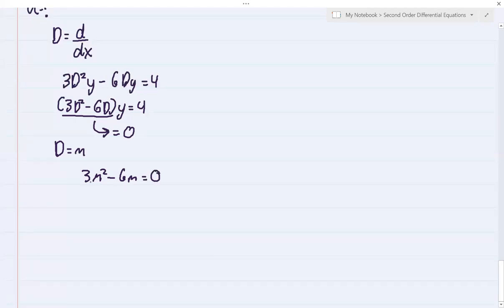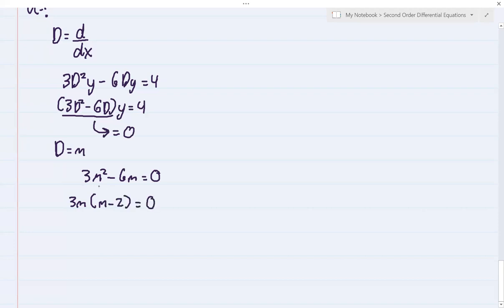So now, let's get your values of your m. This one, I can actually factor it out. You can use quadratic formula if you like to, but for me, no need. I will just factor it out. So if you're going to factor it out, we will have 3m times quantity m minus 2.